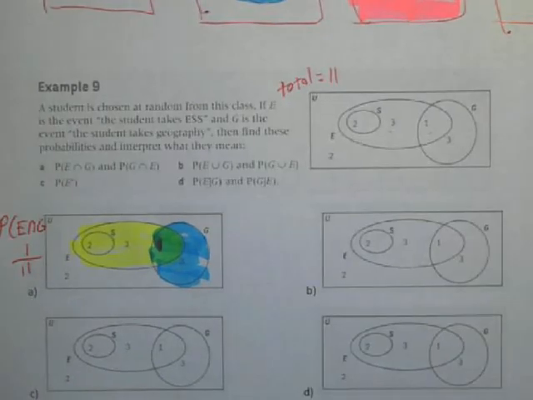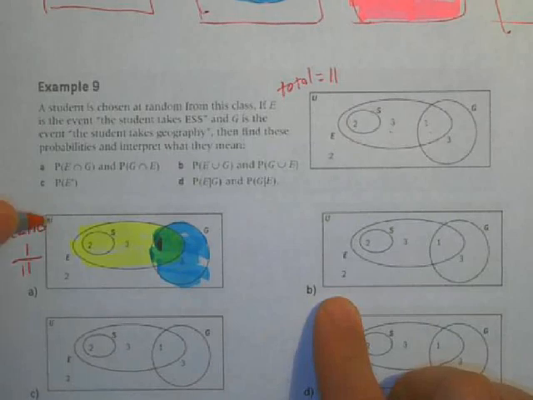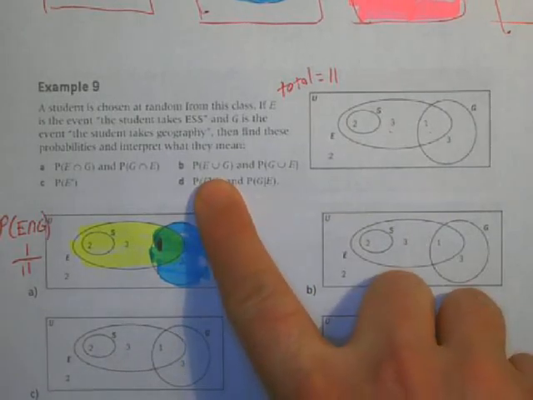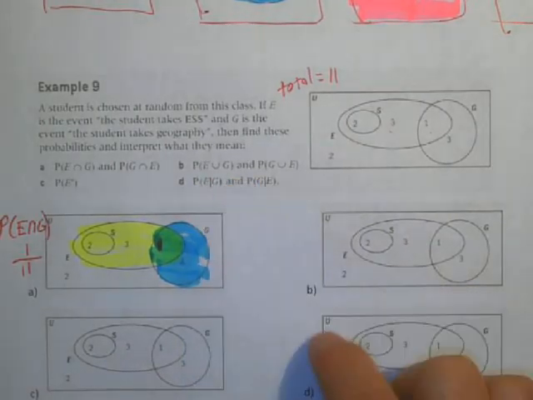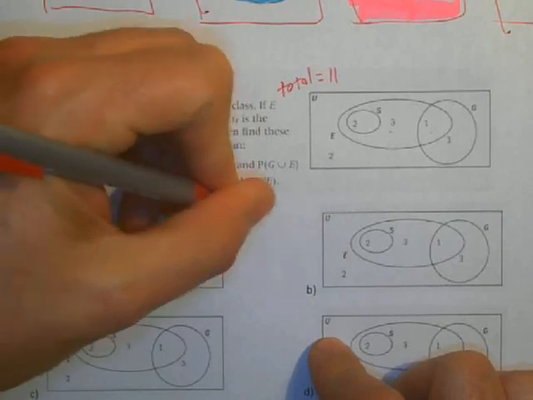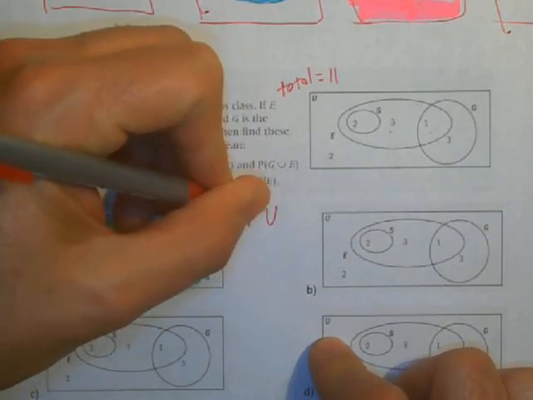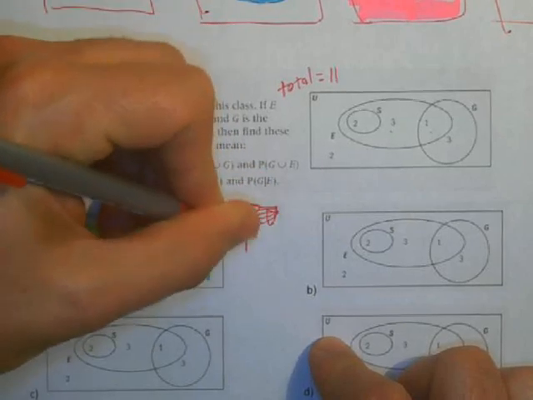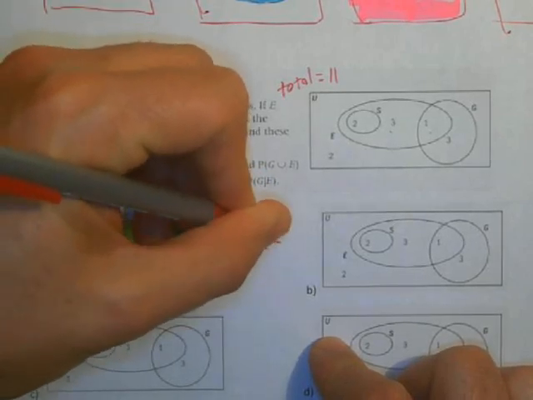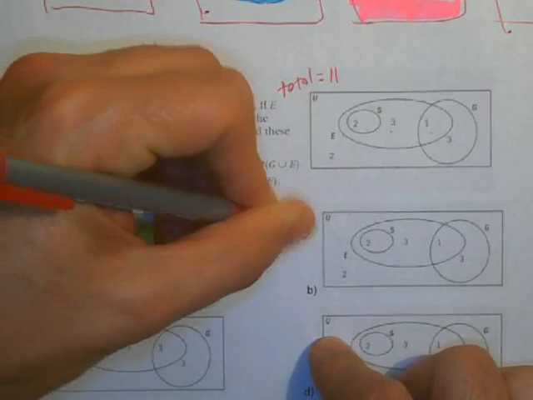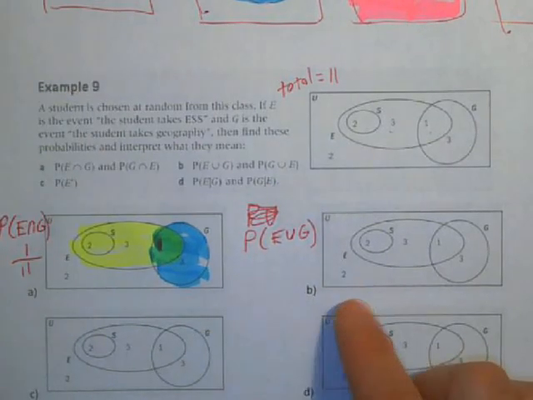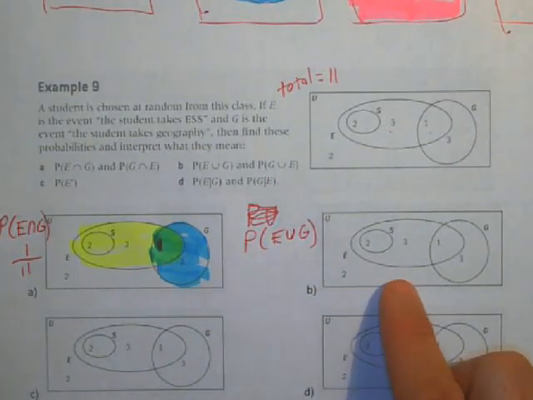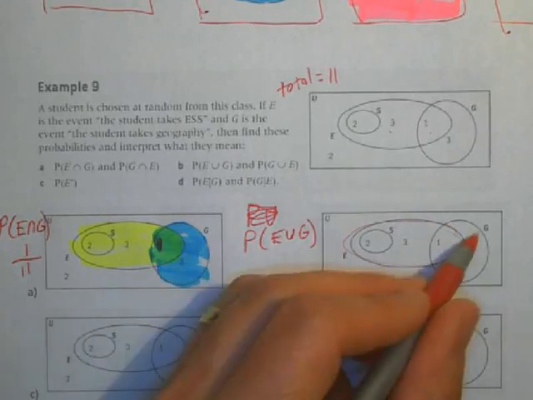Okay, now let's do question B. B talks about the union of E and G. So the probability of E union G. That refers to anything inside here and inside here.